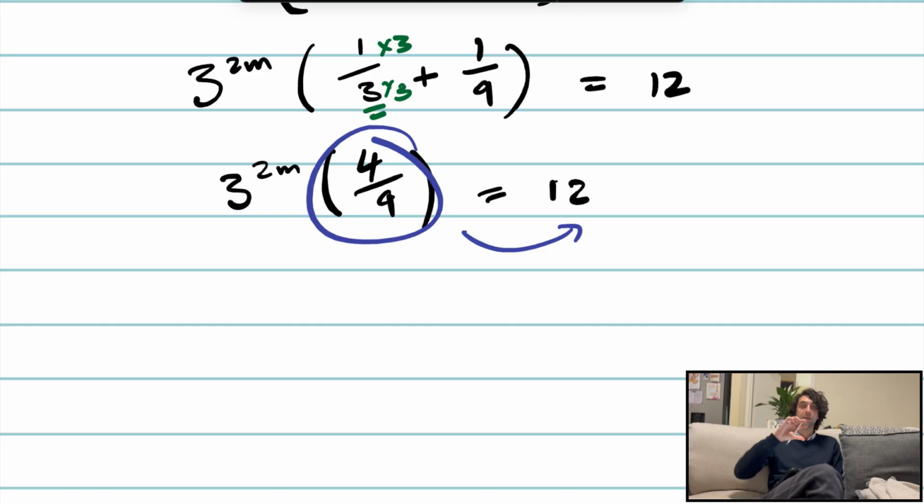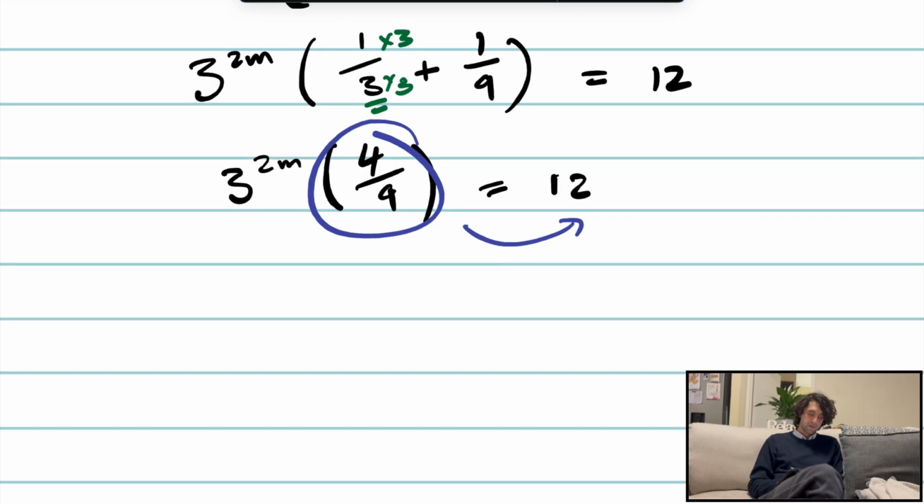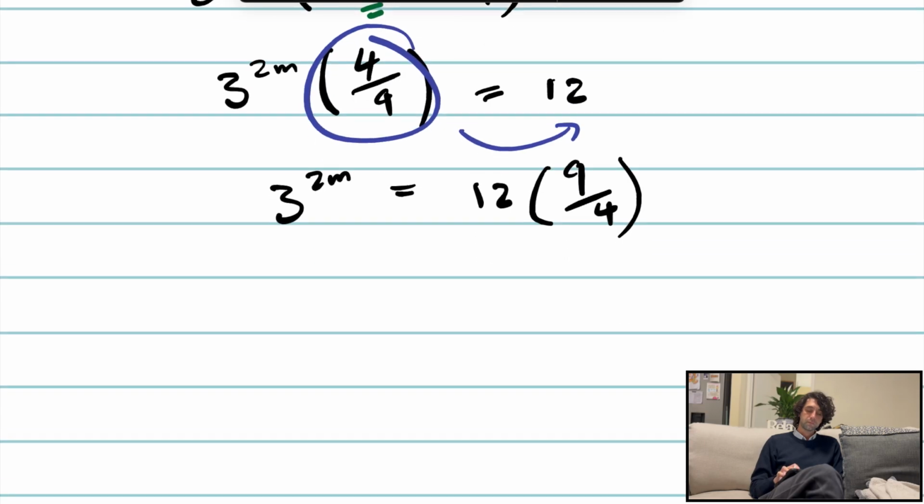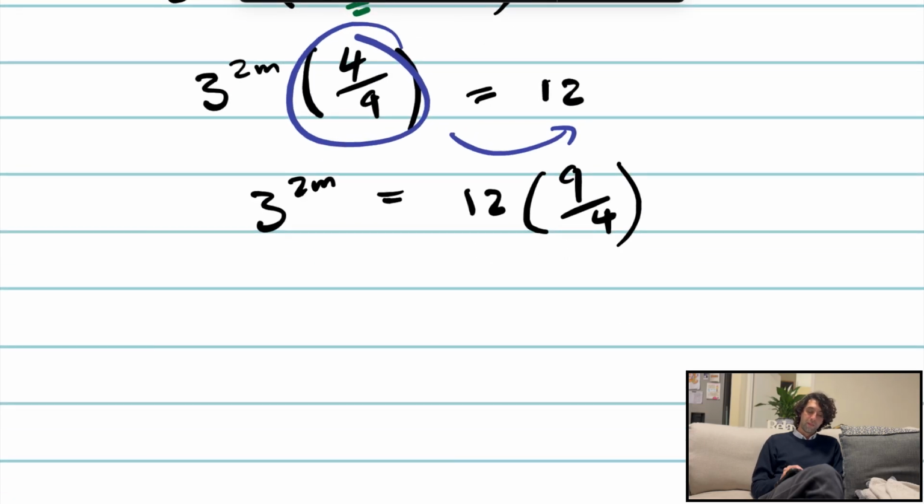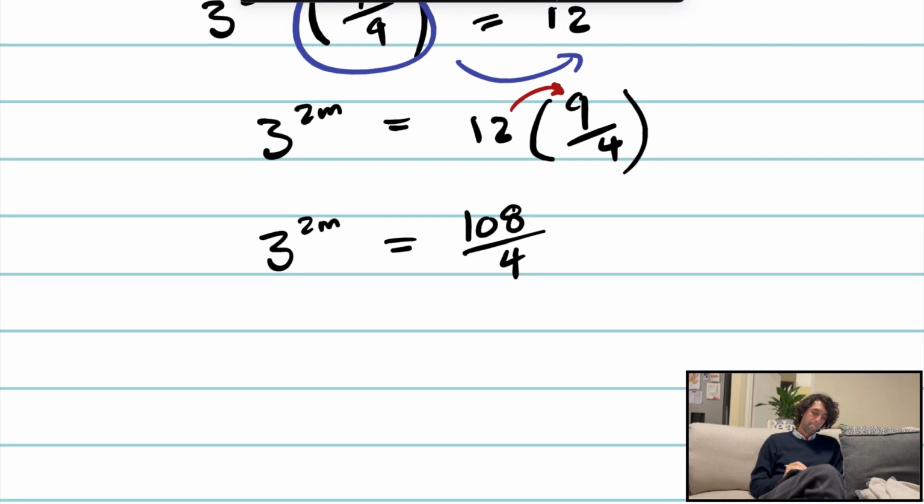And now I'm going to take that 4 over 9, I'm going to bring it over to the other side. It's going to become inversed. So I get 3 to the power of 2m is equal to 12 multiplied by 9 over 4. Okay, and now this 12 is going to multiply into the 9. So I get 3 to the power of 2m, 12 times 9 is 90 plus 18, which is 108, if I'm not mistaken, over 4.